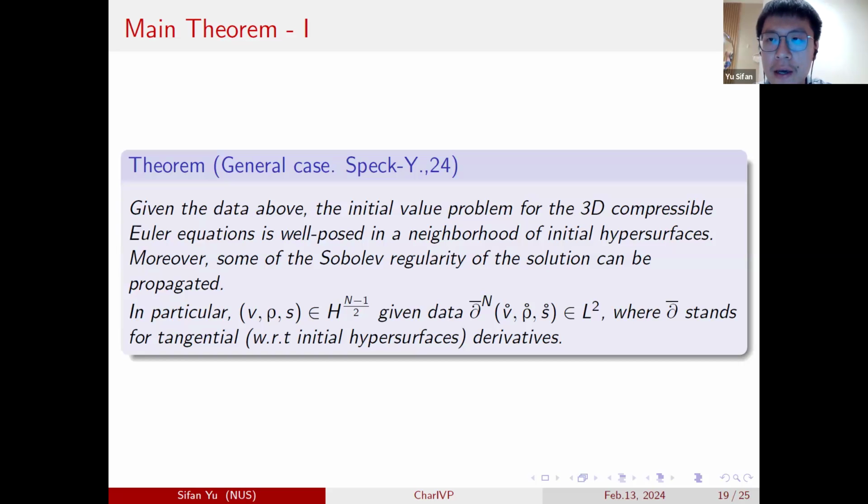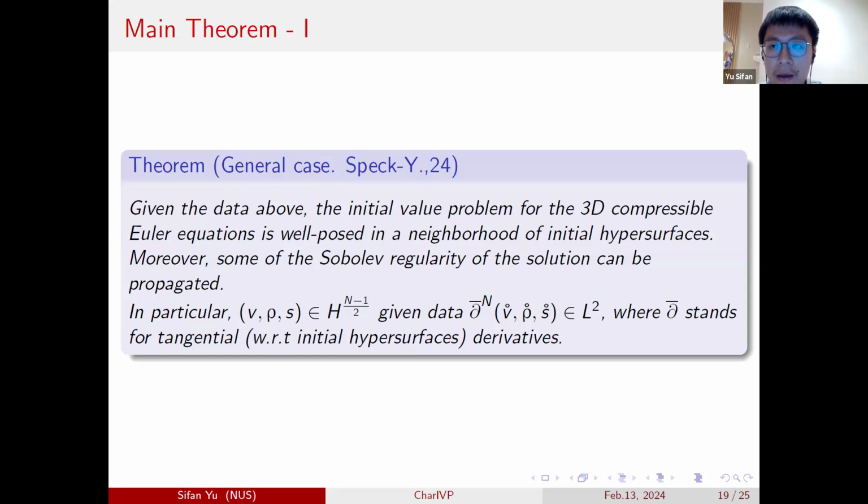Secondly, I can derive a continuation criterion saying under what condition I can continue the solution beyond. Lastly, I can give a description of how regularity behaves. This is the general case, and we will have a special case in the next slide. I will tell you the difference between the general case and the special case.